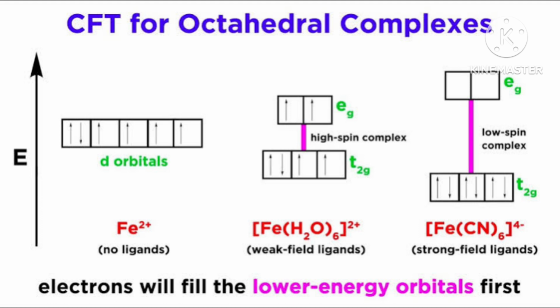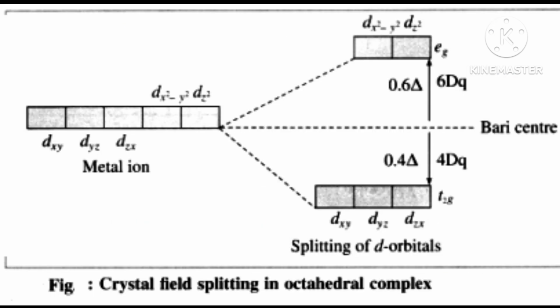Then due to the repulsion, the energy increased and the orbitals have more energy. This is actually the average.